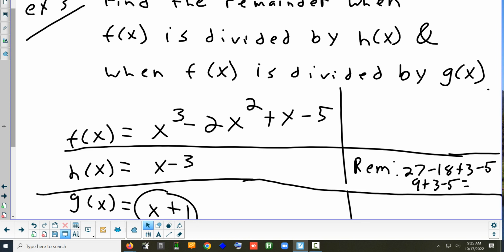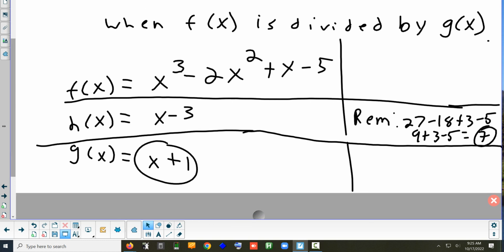What's 9 plus 3? 12. And what's 12 minus 5? 7. So now I can very quickly answer the question. Is x minus 3 a factor of x cubed minus 2x? No. So x minus 3 was not a factor.